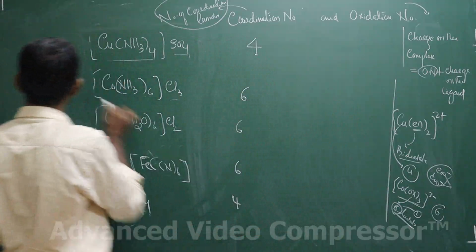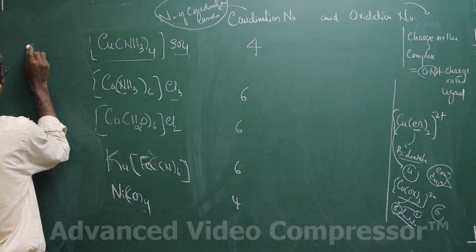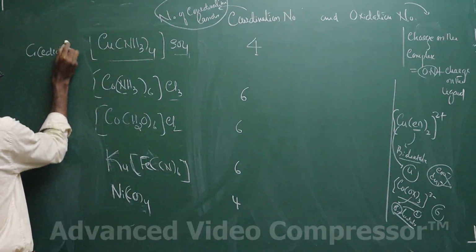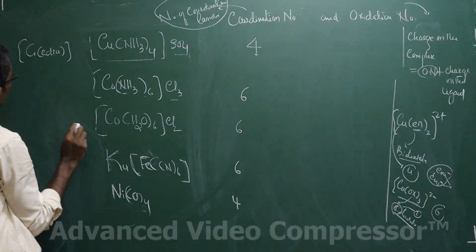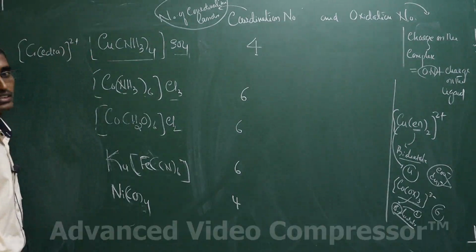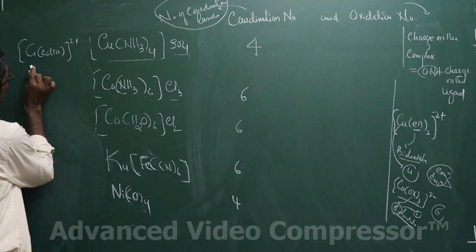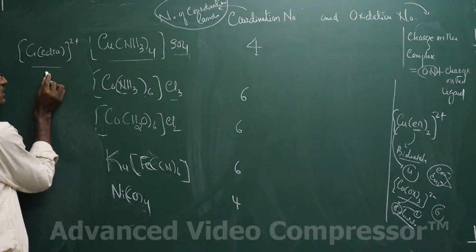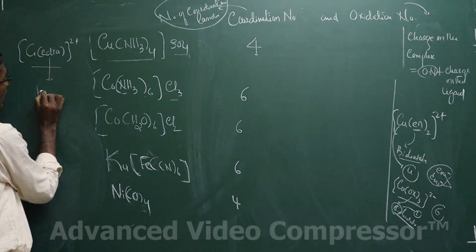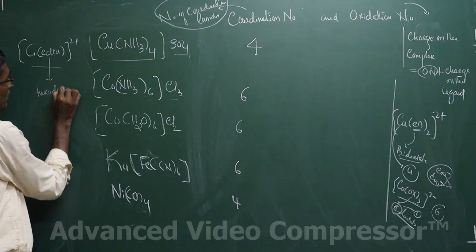For instance, if they mention chromium EDTA, whatever could be the charge, for example 2 plus, and they ask you what is the coordination number of this. See, EDTA, ethylene diamine tetraacetate ligand, is a hexadentate ligand.